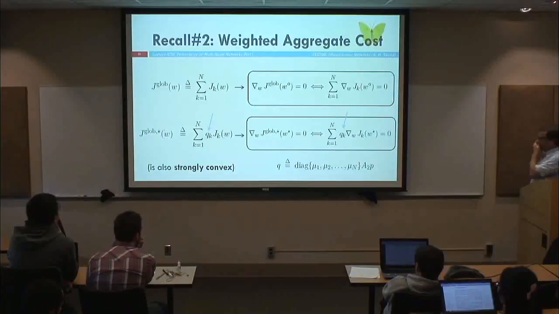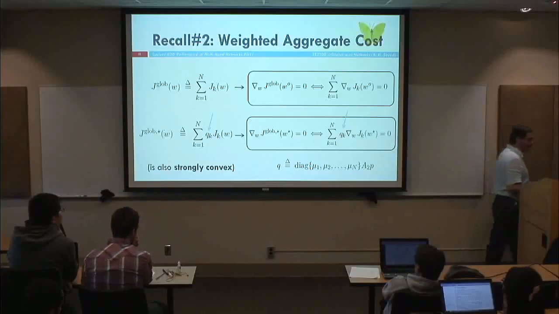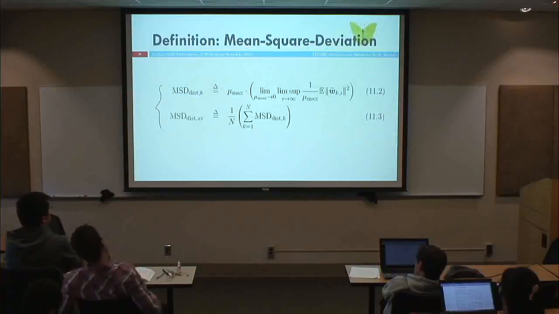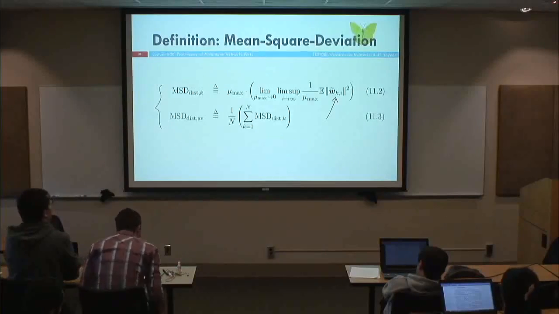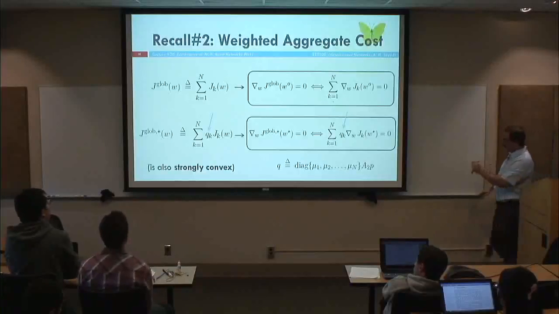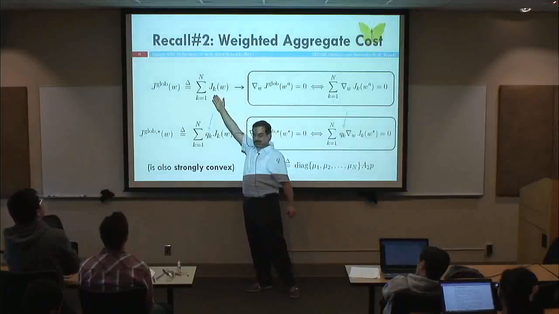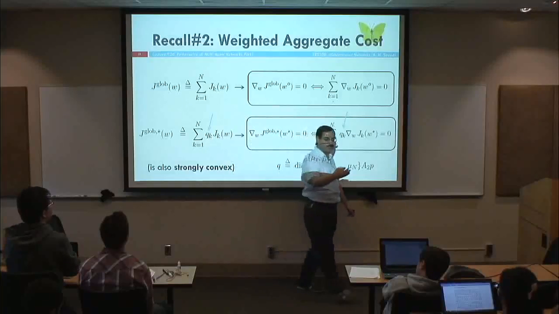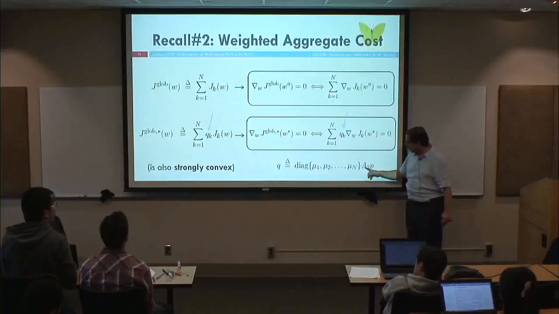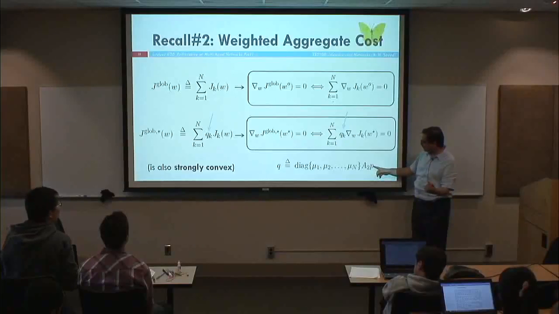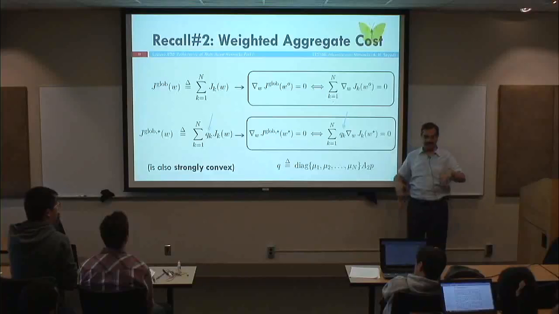Okay, very good. I'm just reminding you here what the omega star is. The omega star is what these errors are measured relative to. I'm reminding you that this is the aggregate cost, the sum of the individual costs. This is the weighted cost where these Q's are defined in terms of the P's. Here it is: this is the Perron vector of the matrix capital P, which is the product of the three A's in the general case.